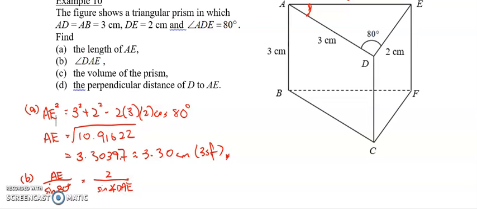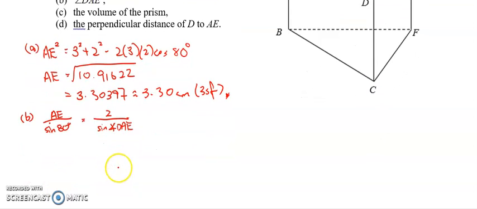Okay, so as we shift the values around, sine angle DAE will be equals to 2 divided by AE over sine 80 degrees. We can calculate this using the AE value that we have calculated in part A, which is 3.30397.